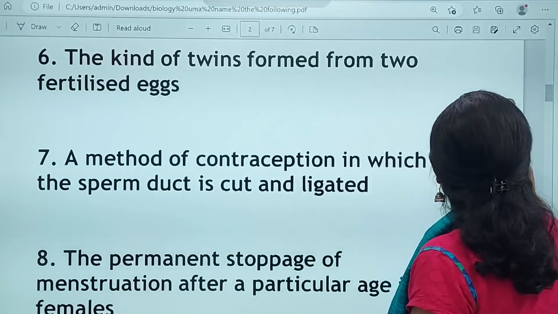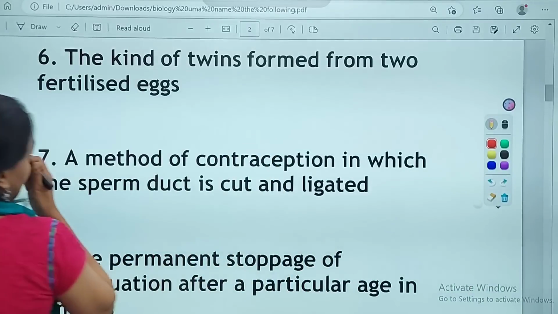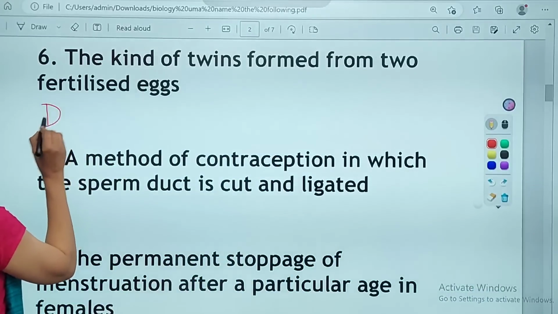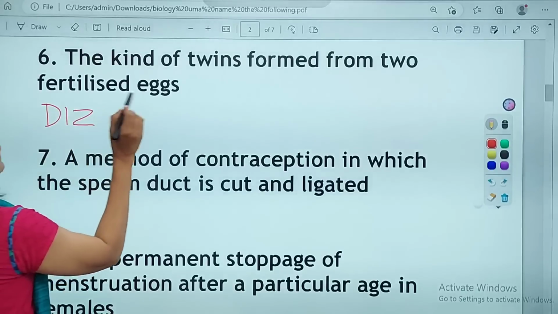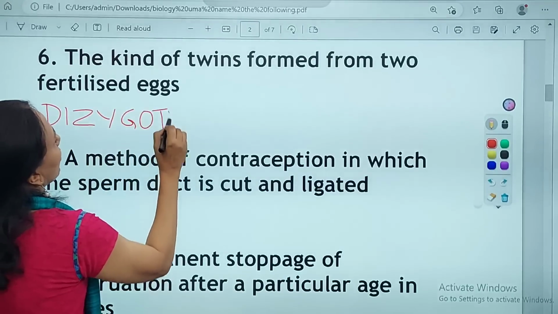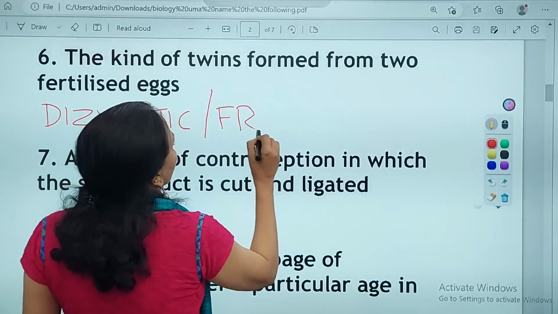There are many variations of this question that can come in, and I will tell you what this is going to be. So when you have two eggs, it's going to be called dizygotic. The kind of twins are called dizygotic twins. They are also called fraternal twins. Why?